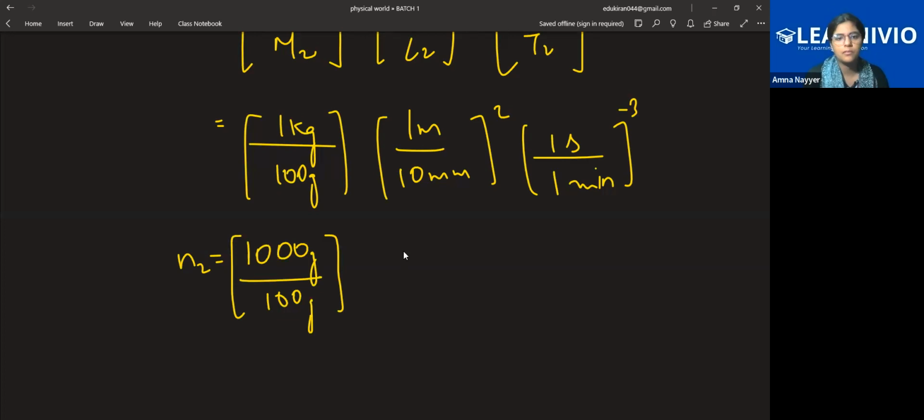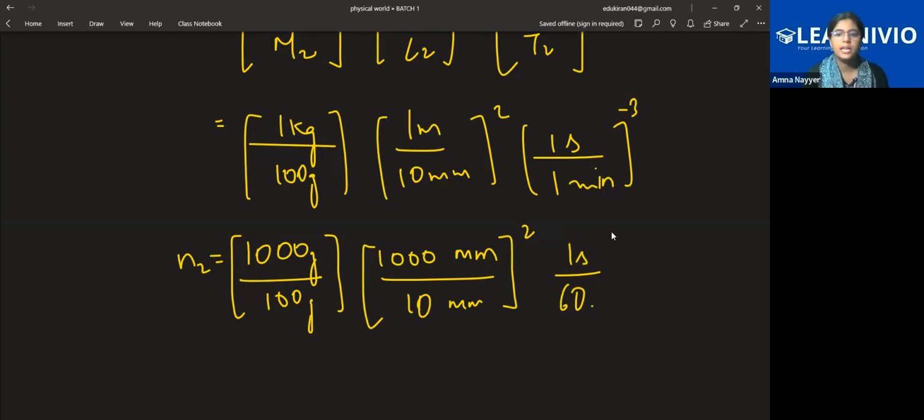See, when we are converting millimeters, 1 meter is equal to 1000 millimeters. So we can write this as 1000 divided by 10 millimeters square. 1 minute can be written as 60 seconds to the power minus 3. Let us see, gram got cancelled. 2 zeros are getting cancelled. Millimeter getting cancelled.